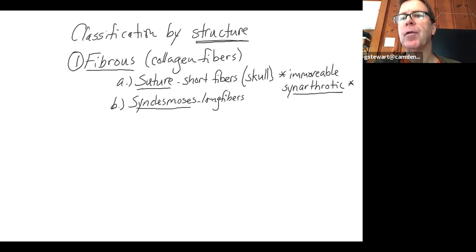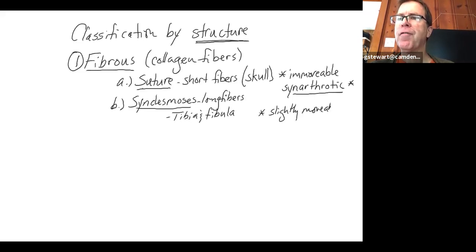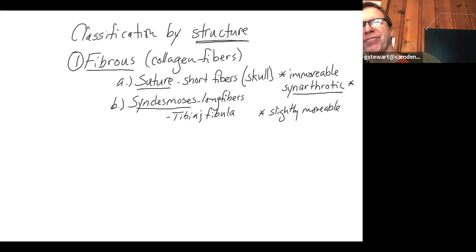I'm going to give you an example of where bones are tightly knitted together. So like the tibia and fibula in the lower leg, where they connect to each other would be a syndesmosis joint. So I wrote tibia and fibula. And syndesmoses, these are slightly movable. And from our first classification of functional classifications of joints, these would be amphiarthrotic.